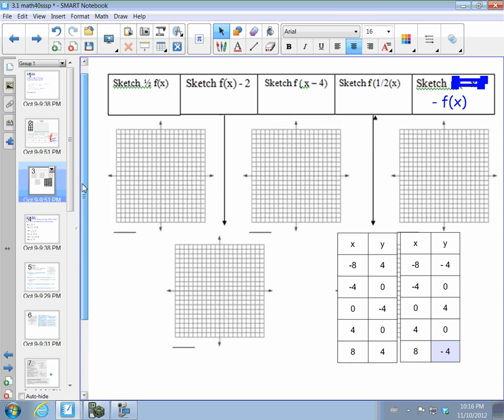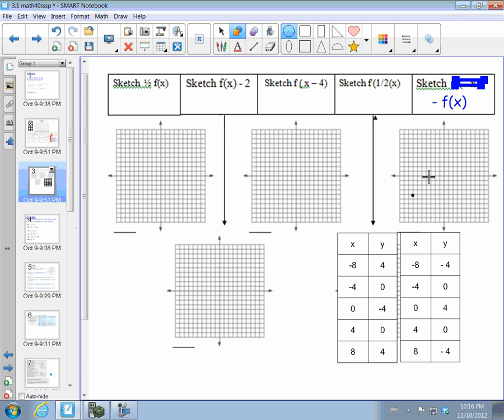Let's take a look and see what that would look like. All right, get ready to draw in some points. Negative 8, negative 4 would be about right there. Negative 4, 0 would be about right there.